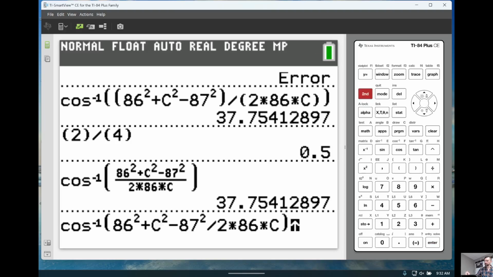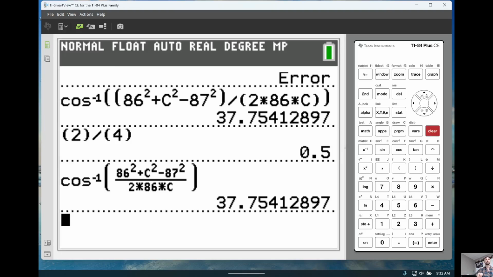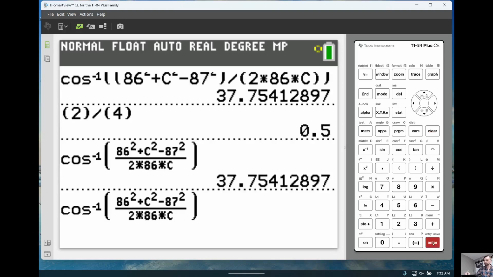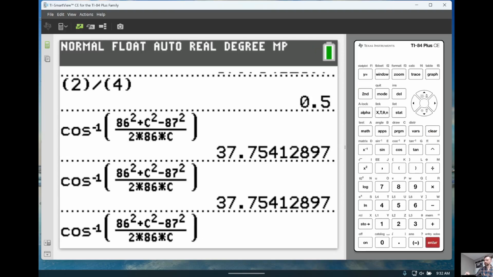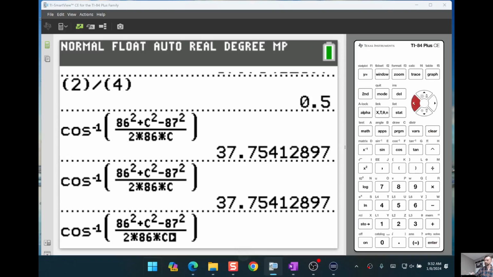If you need to type in the same formula and change a couple numbers, it's sometimes quicker than typing the whole thing again.